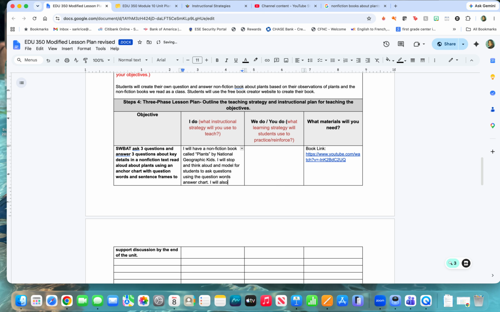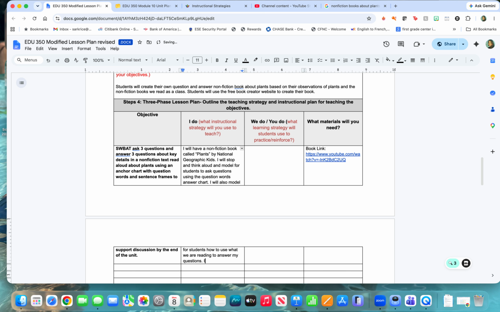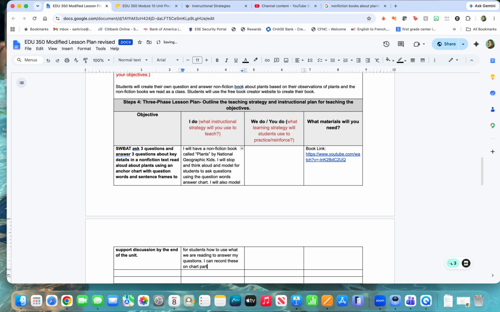I will also model for students how to use what we are reading to answer my questions. I can record these on chart paper. So now I need chart paper and I need markers too.